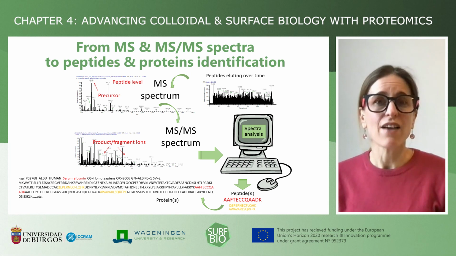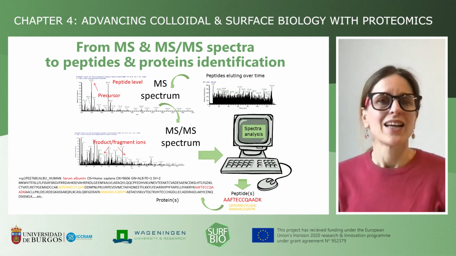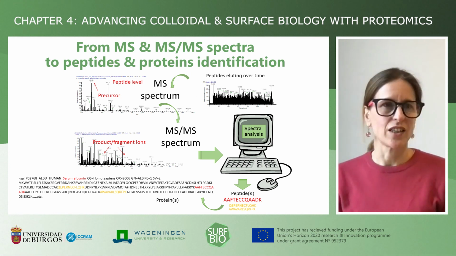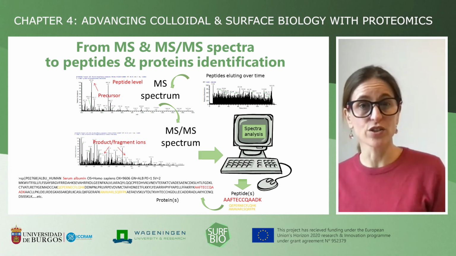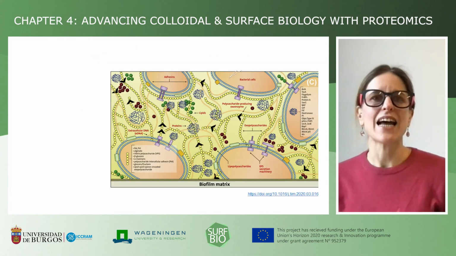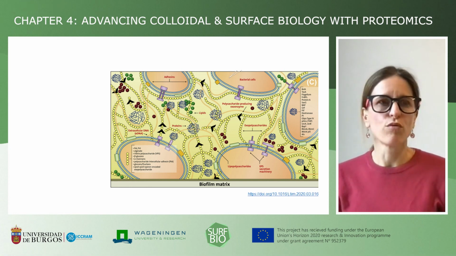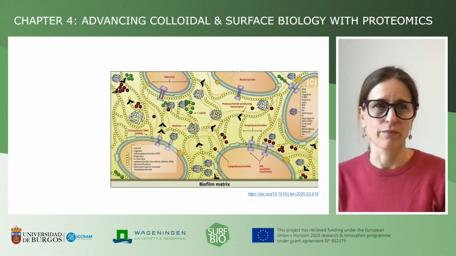Now, we have seen how we can identify proteins present in a sample, yet which samples are we interested in studying to describe cell-cell and cell-surface interactions? Let's go back to the example of our biofilm and move from the inside to the outside of our community.